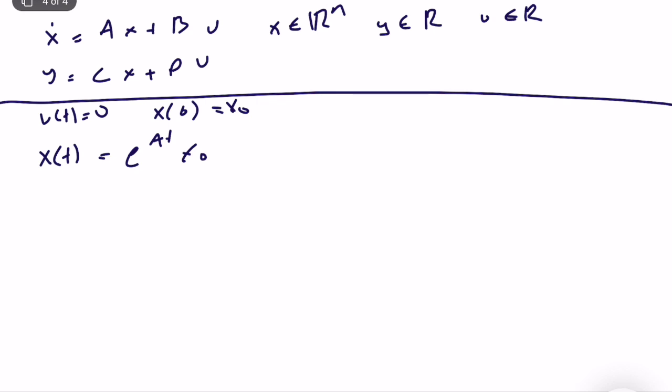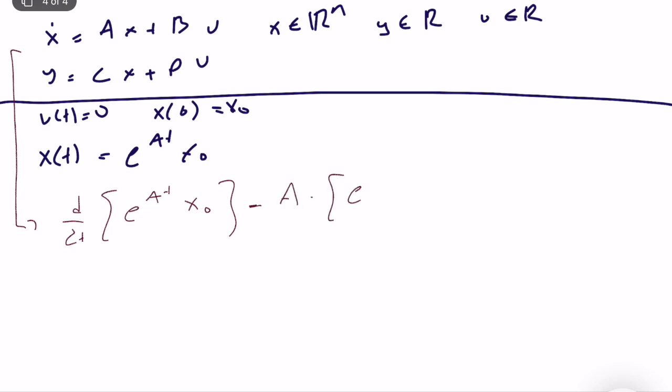Let's plug it in. So d/dt of e^(At) x0; as you can see, we need to use some of the features now. Is it equal to A times e^(At) times x0? So the question is whether x dot minus Ax is equal to 0 or not. If it's equal to 0, then it will solve the differential equation.